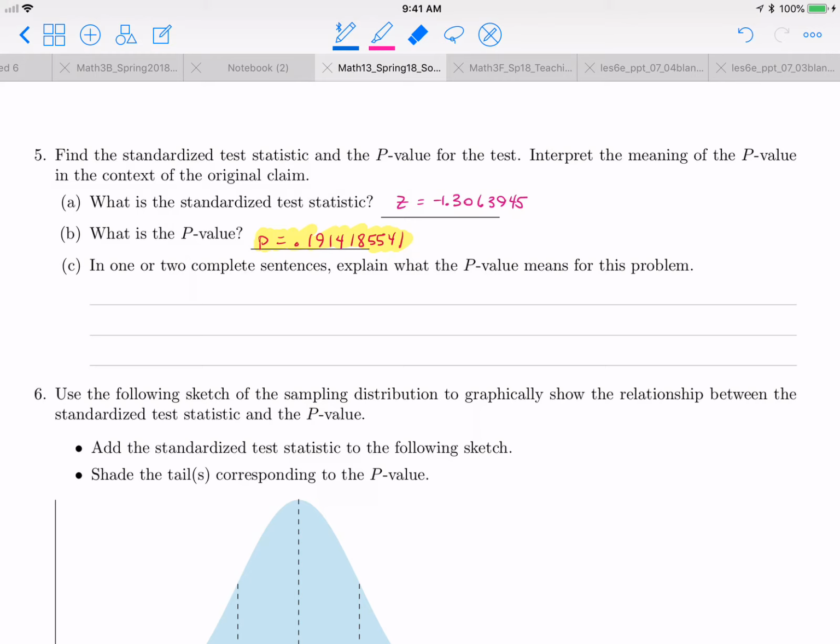My p-value here. And in one or two complete sentences, explain what the p-value means for this problem. Here it is.